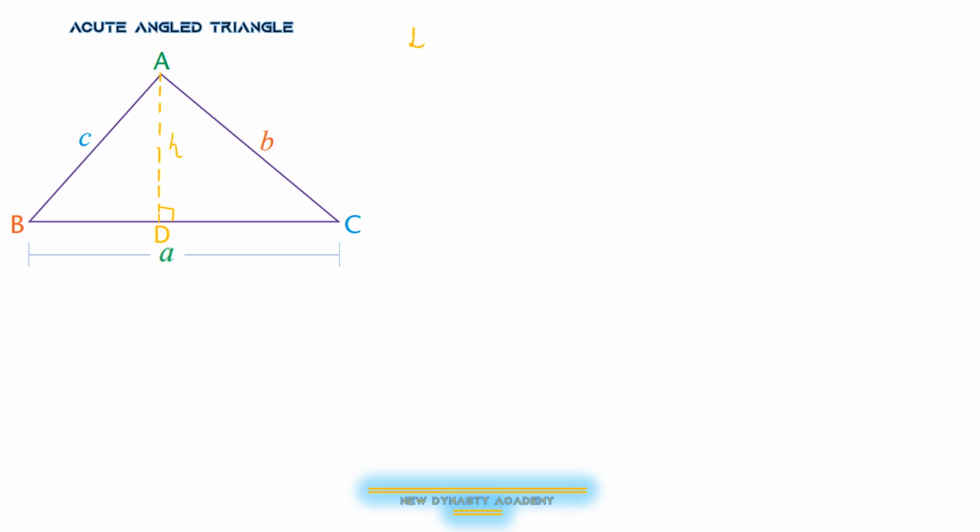So I'm going to start off in the first triangle, that is triangle ABD. In this triangle, I am going to define sine, and I'm going to choose angle B as my angle of interest. We know that sine is defined as the opposite over the hypotenuse.